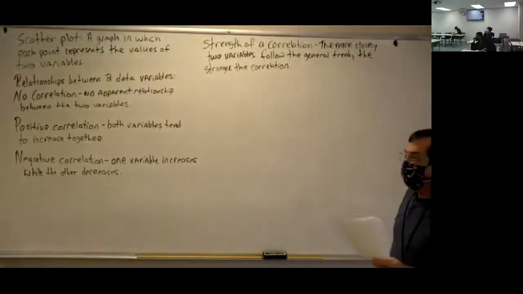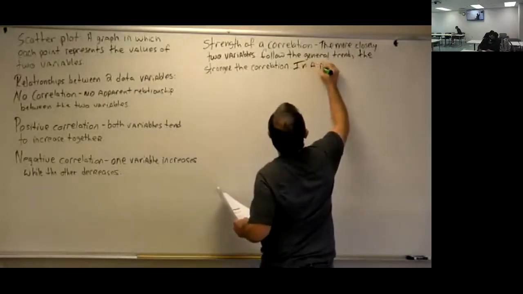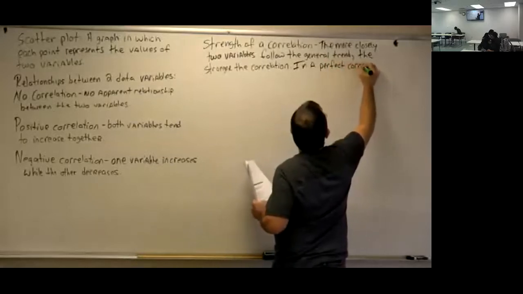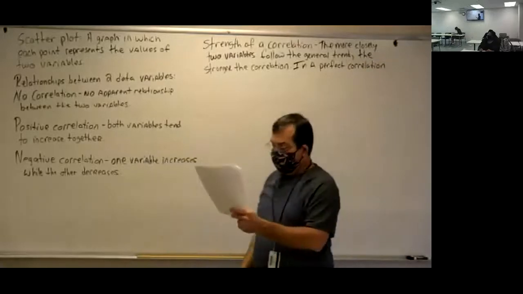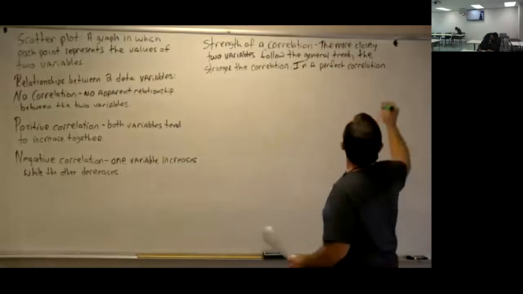In a perfect correlation, all data points lie on a straight line.